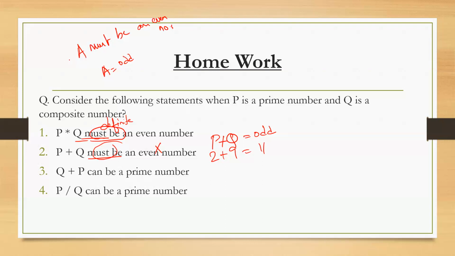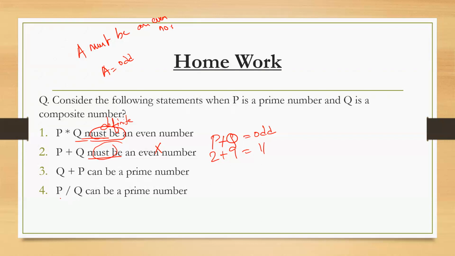It proves that the statement is wrong. Okay, for example, here it says P plus Q must be an even number. Okay, so if I can show that P plus Q is odd in one of the cases, okay, then this statement is negated.